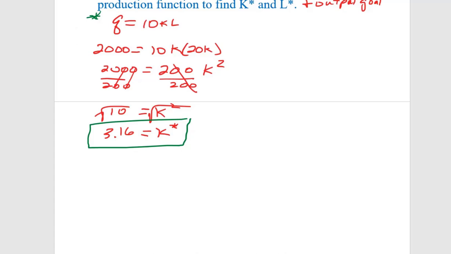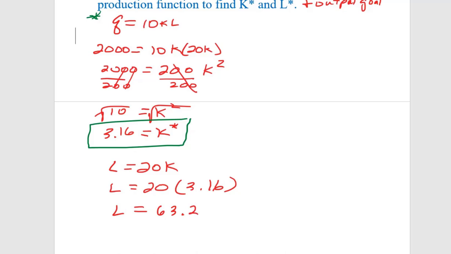So I would take the expansion path, L equals 20 times K, plug in the 3.16. L equals 20 times 3.16. That means L equals 63.2. And now this is our L star, the optimal amount of labor that the firm would hire to produce 2,000 units of output and to minimize the costs.